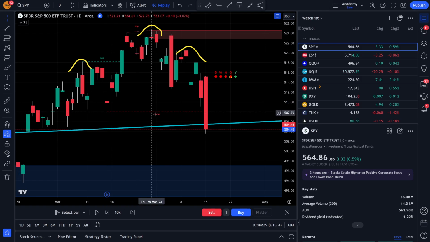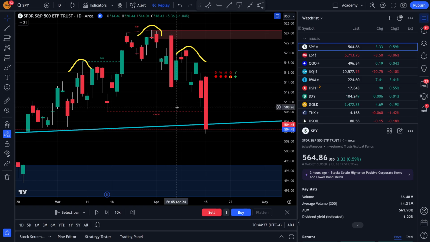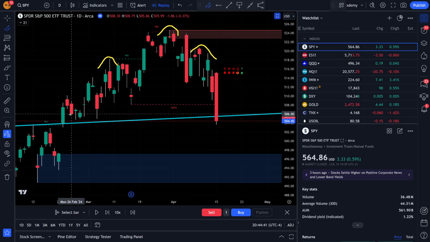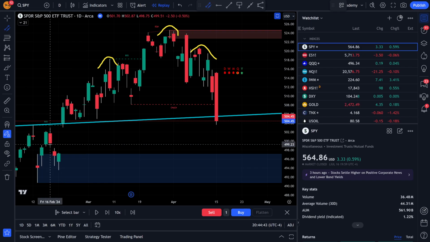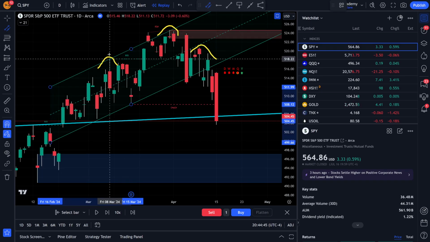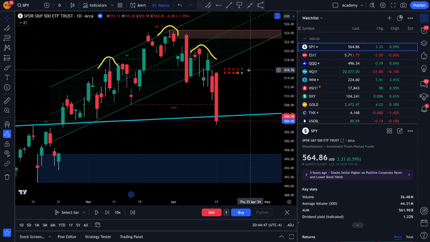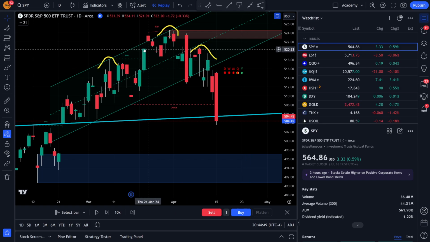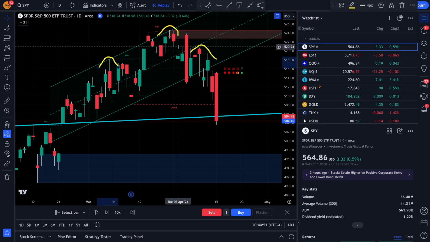So this CHoCH, the change of character, is alerting us, hey, we may start making lows and lower lows to say that we're in a downtrend. Because first, we're like this, right? Price is moving up like this. I just drew that on the chart to illustrate it for you all, right?